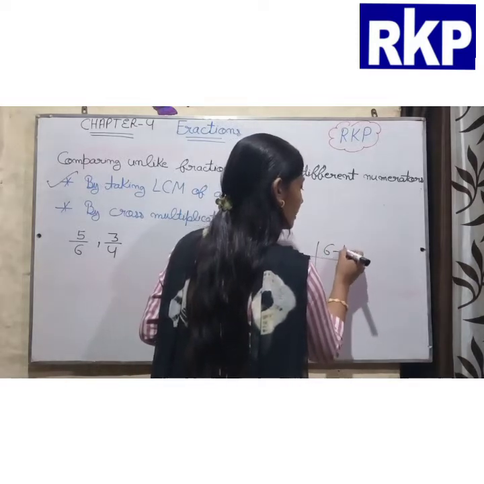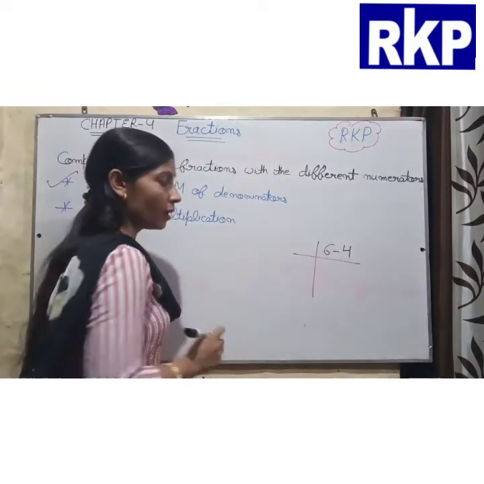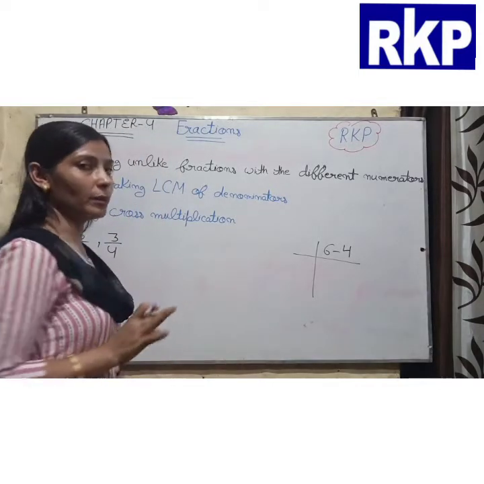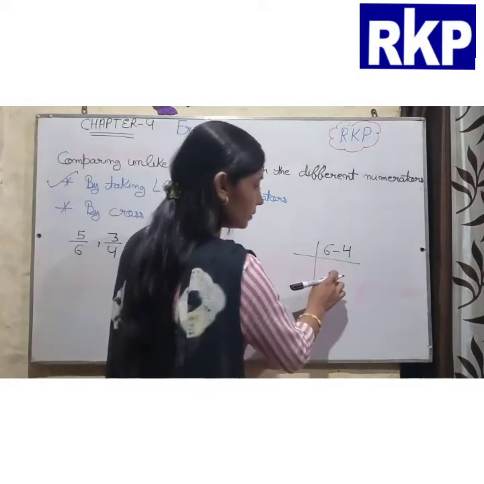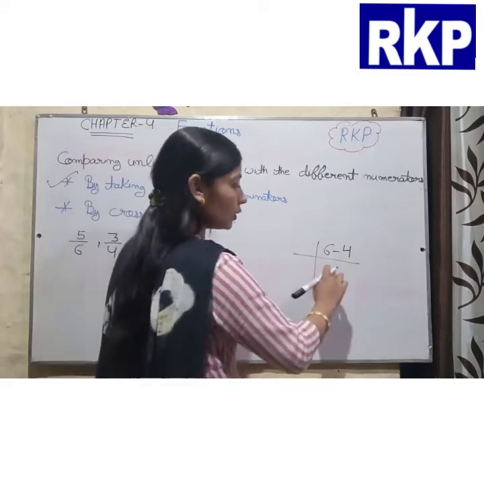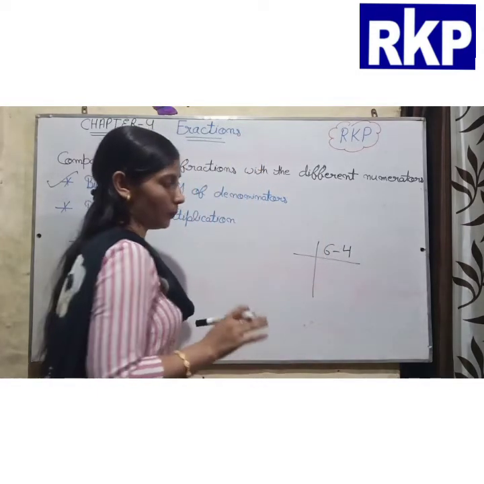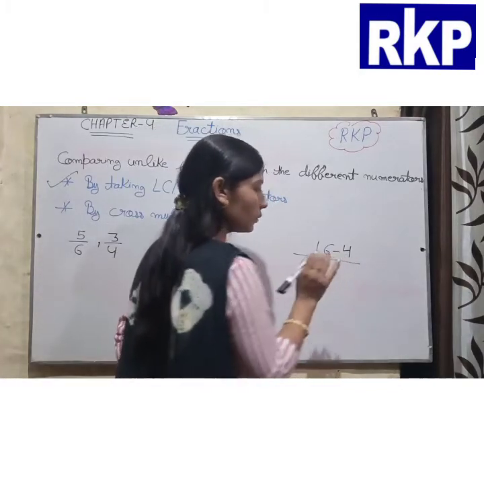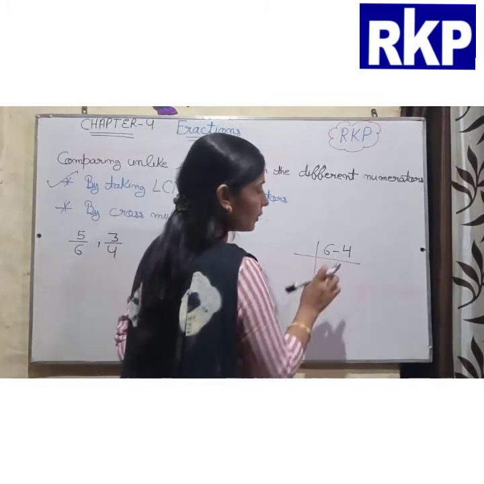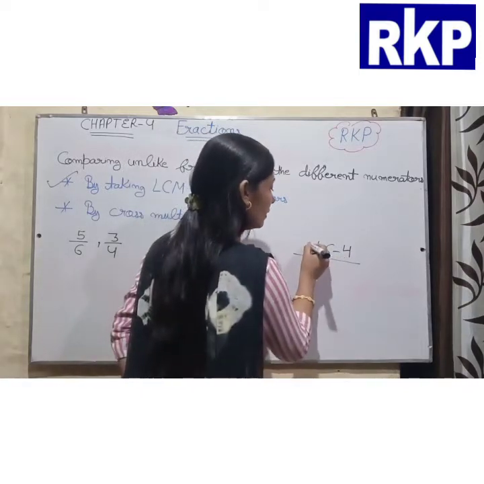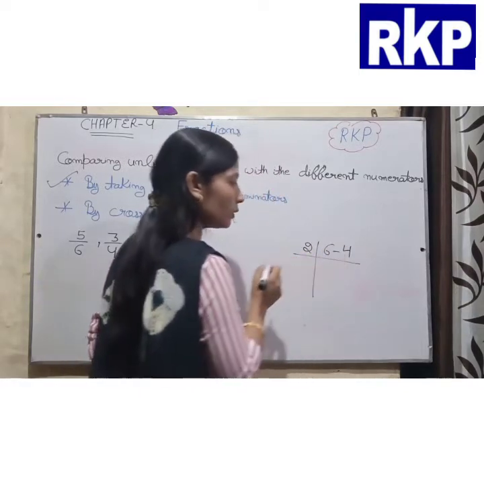We can find the LCM by any method. Here we will use the division method. Now we have 6 and 4, and we can see both are even numbers, so we can divide 6 and 4 by 2.